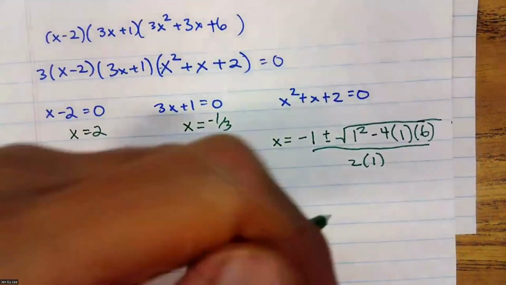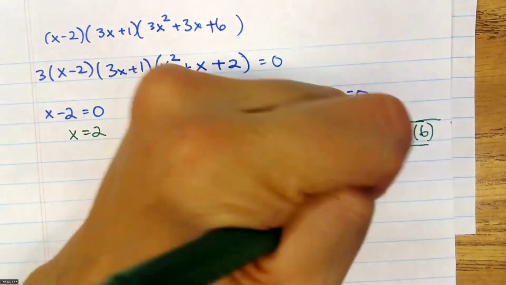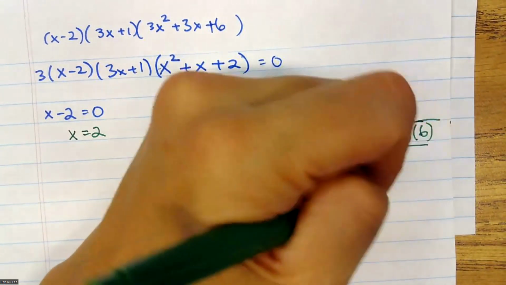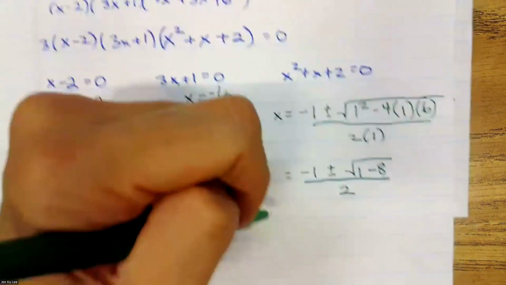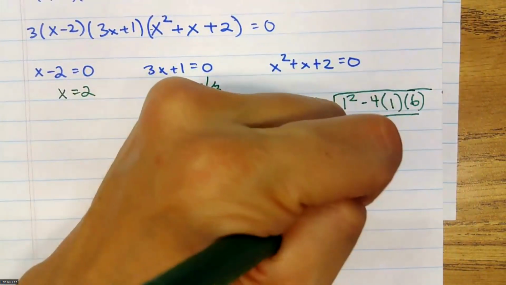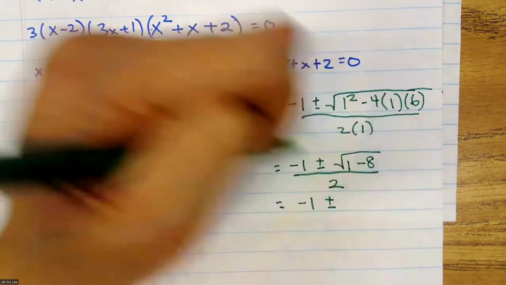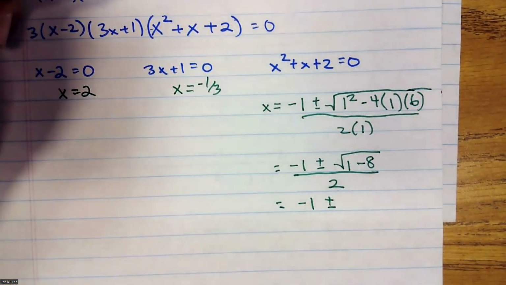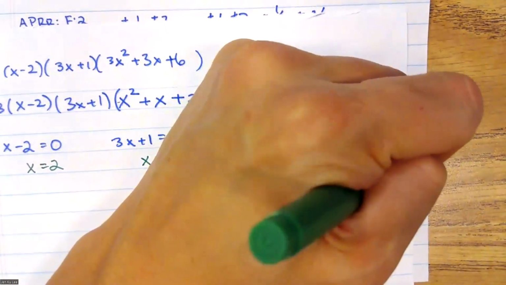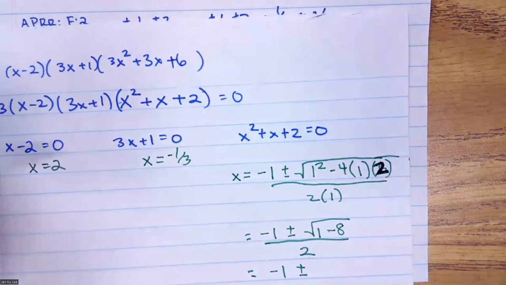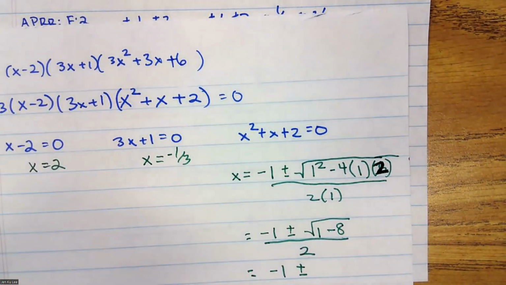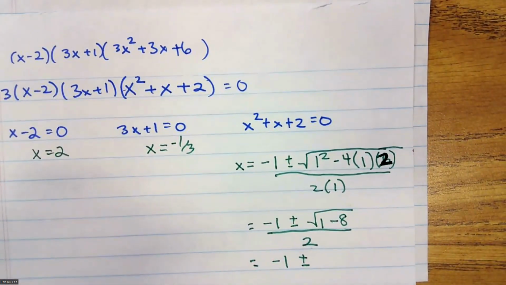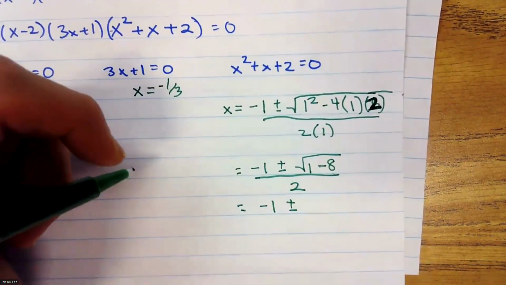Okay? Simplifying this out, we have negative 1 plus or minus the square root of 1 minus 8 over 2. Oh, it should have been a 2. I apologize. 4 times 2 is 8. Okay.